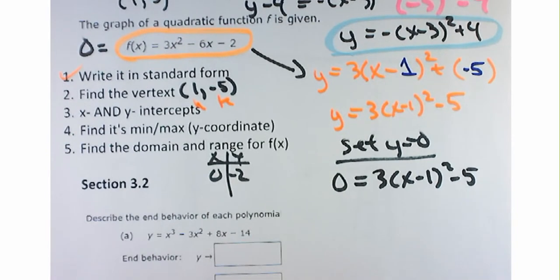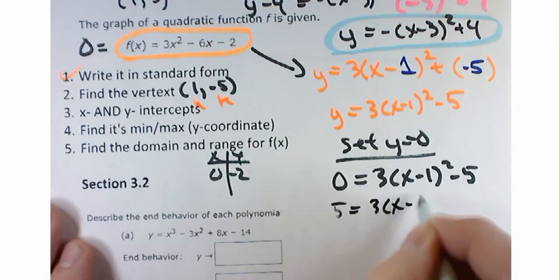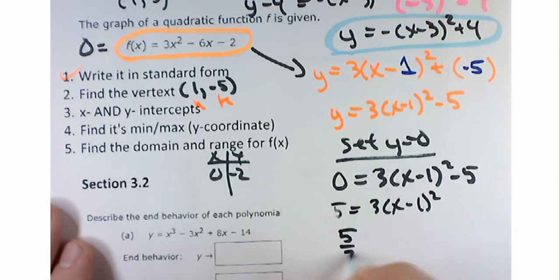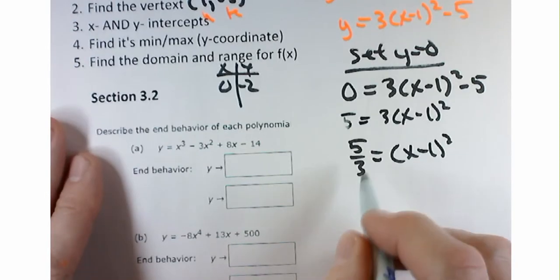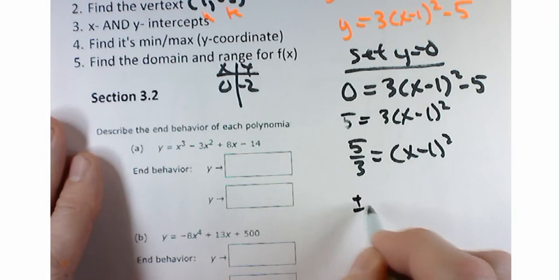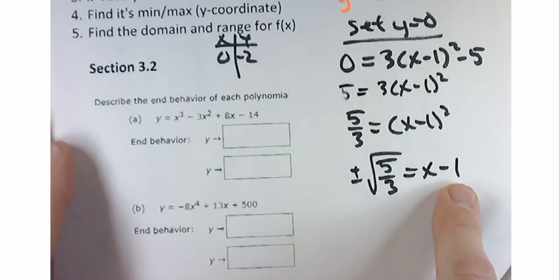What I would do is move the 5 to the other side, then divide by 3, and then take the square root. Make sure you take plus or minus the square root. And finally, add 1.